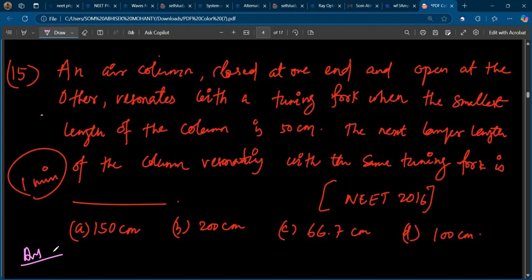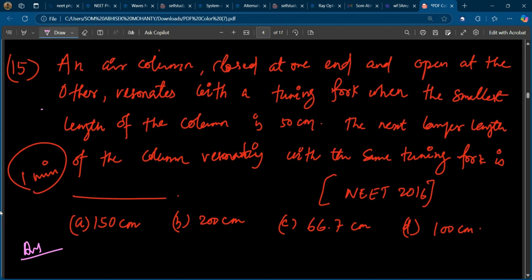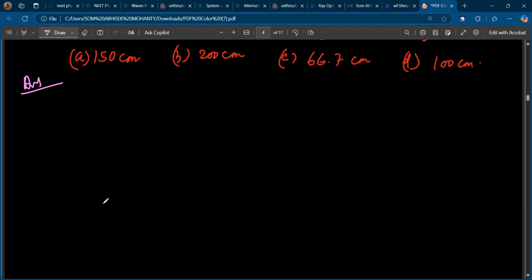Okay, so solve this question. Very easy question again. The first harmonic is observed at lambda by 4, right? Lambda is given as 50.